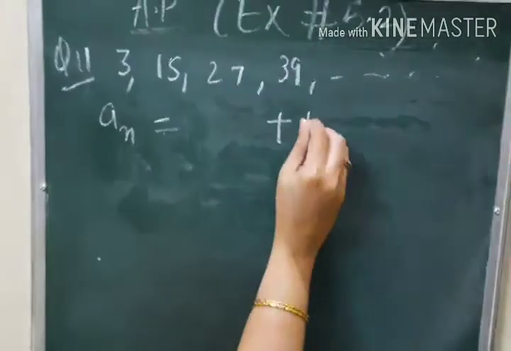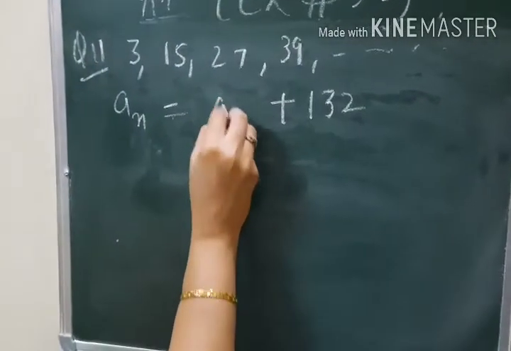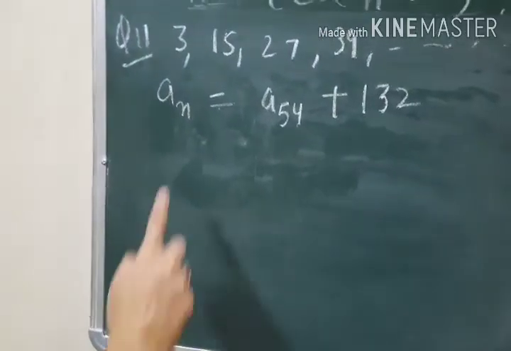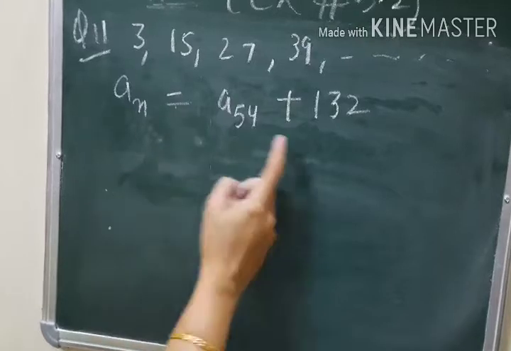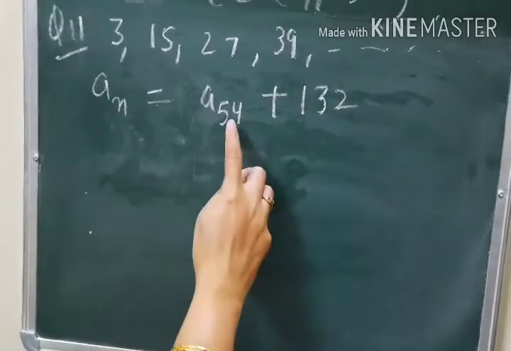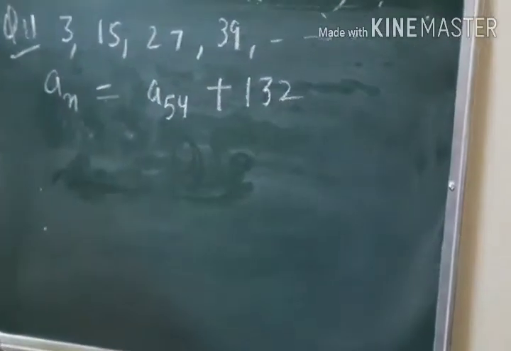I told you whenever more than is there, 132 you will write in the second place, after plus, more than the 54th term. 54th term will be written as A54.